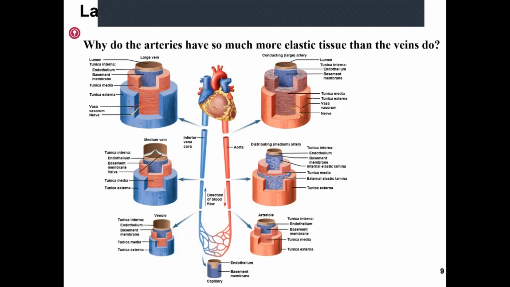For example, tunica externa needs oxygen too, but it can't take oxygen directly from the lumen. This is why we have vasa vasorum. They are small vessels that give nutrition for tunica media and tunica externa. Understanding? Vasa vasorum is vessels of the vessels.